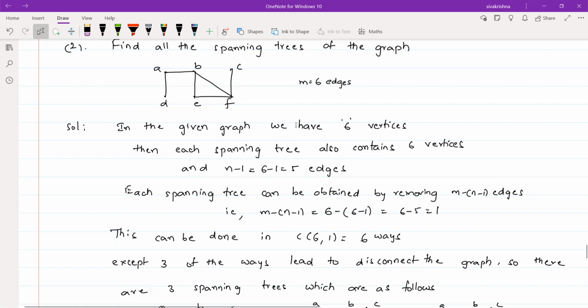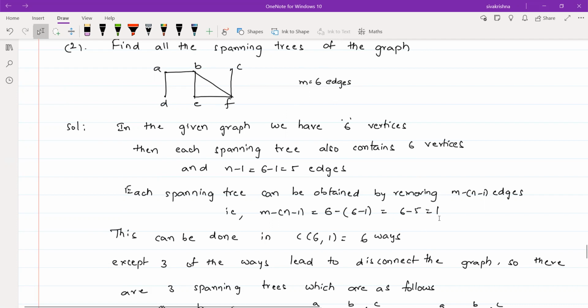We have a total of 6 edges in the given graph. So in how many ways can we remove that one edge from the given graph to find a spanning tree? We have a total of 6C1 ways. Here I am using two numbers, 6 and 1. 6 is the number of edges in the given graph, and 1 is the number of edges removed in order to get each spanning tree.